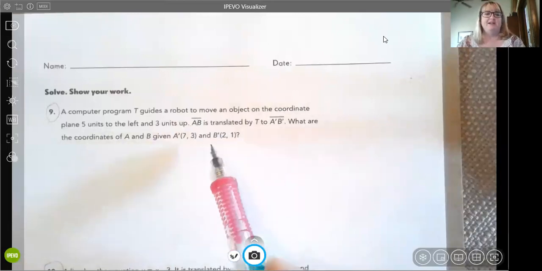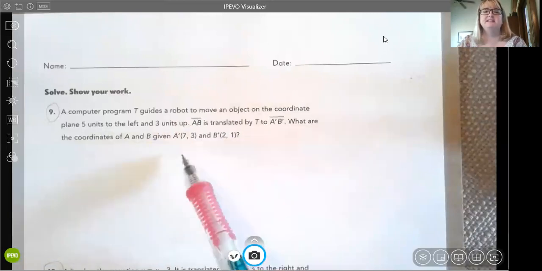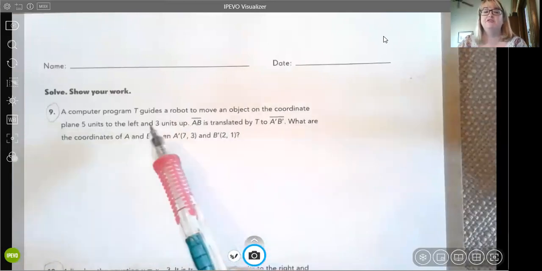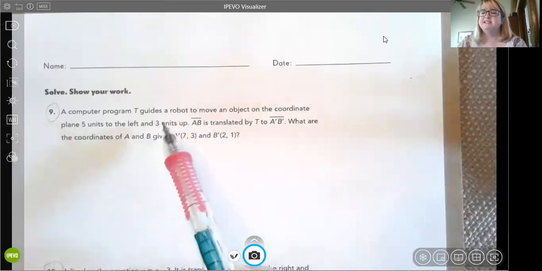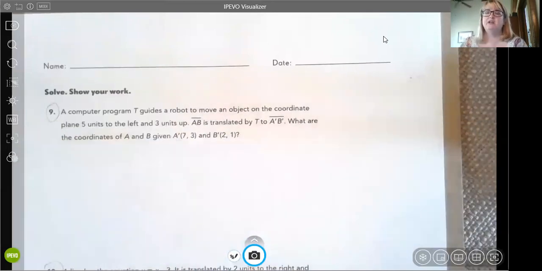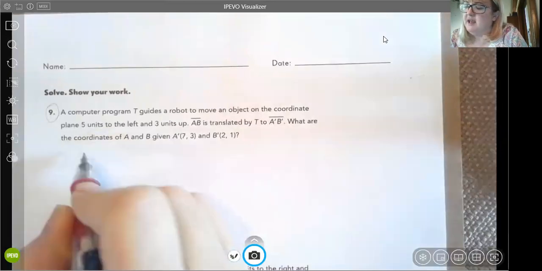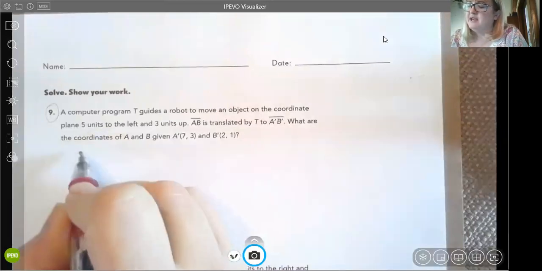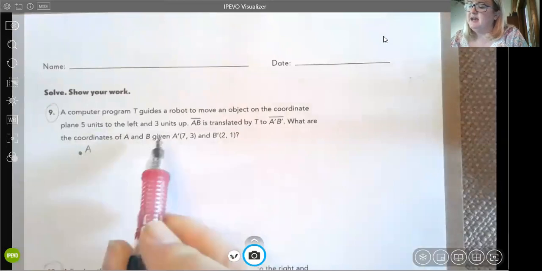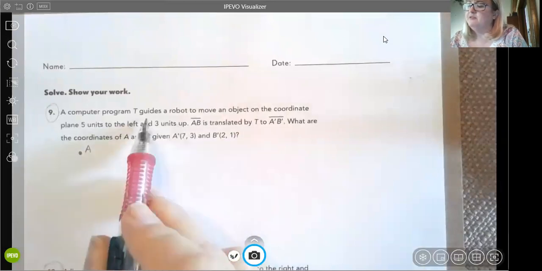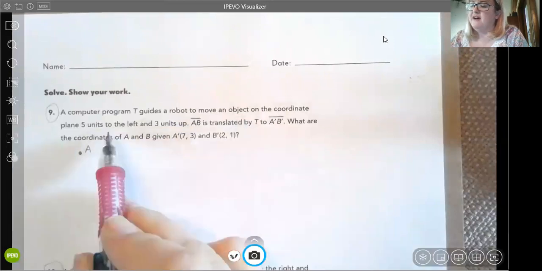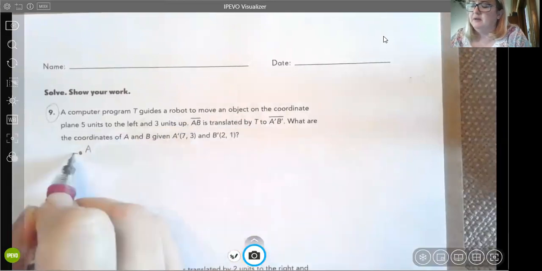So this one's got a little extra trick to it. It tells us what the movement is. But then instead of saying, here's where we started, where did we end up? They say, here's where we end up, where did we start? So let's say you've got A. The directions say that the robot moves an object on the coordinate plane 5 units to the left.